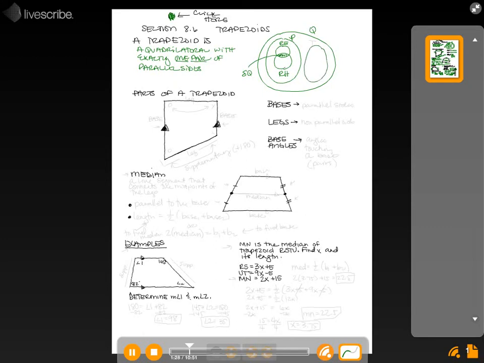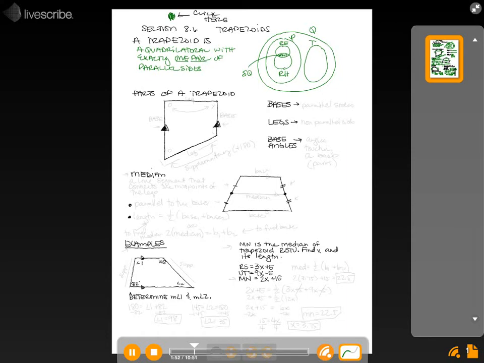Trapezoids are their own set. They are completely separate. Because remember, parallelograms have two sets of parallel sides, so they've got one whole circle inside quadrilaterals, and trapezoids only have one set of parallel sides, so they're in a separate group. Okay, so this is what your Venn diagram looks like. We will add to that in the next video, so make sure you know that.